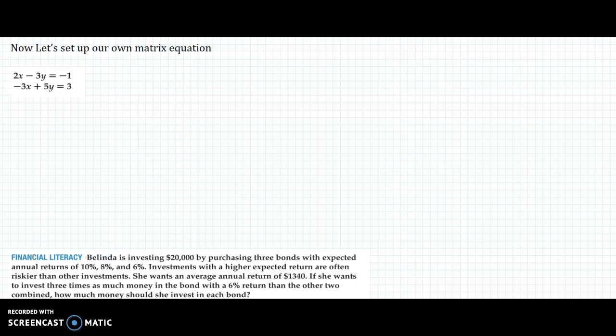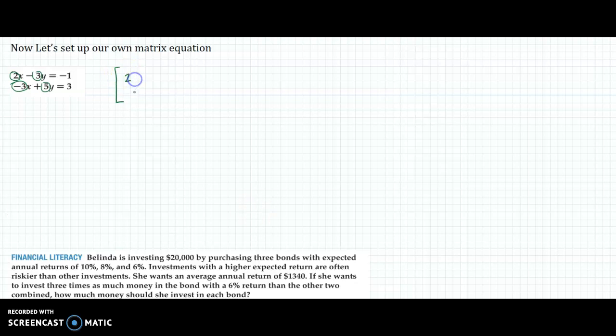First, you're going to make your coefficient matrix, which is comprised of just the numbers in front of your x's and y's. You want to stay consistent and keep it basically like it's written, with all your x's in a row and your y's in a row.